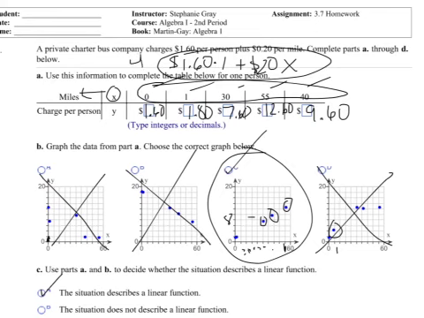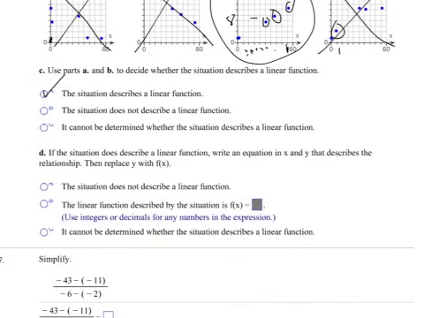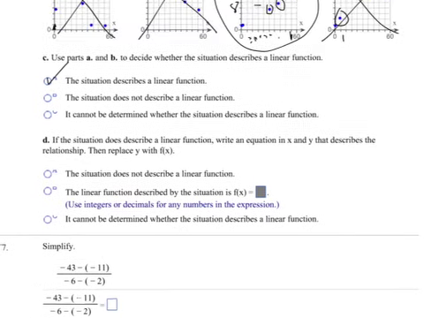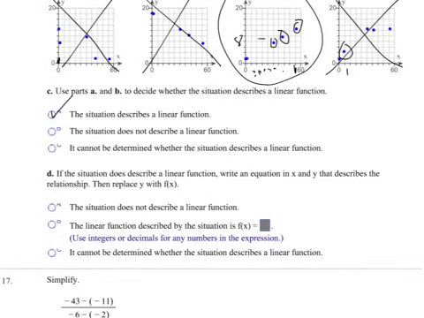And we could put a y equals in front of that, and none of those variables have an exponent greater than 1, so this is a linear function. And we proved it when we graphed it because it made a line. So the answer to part C is that it does describe a linear function.